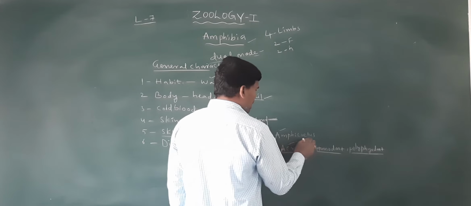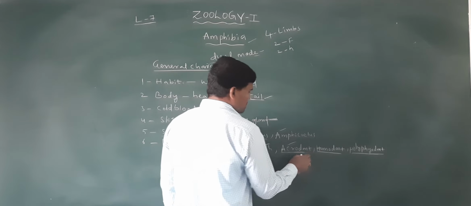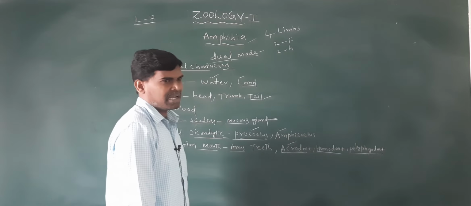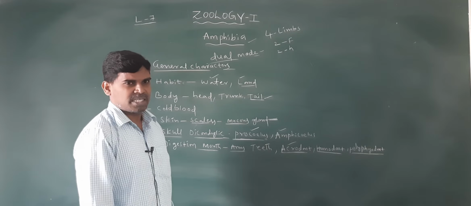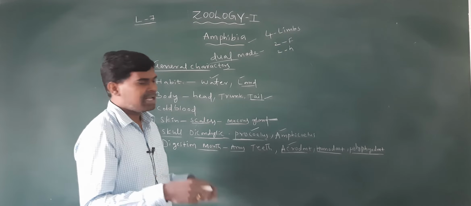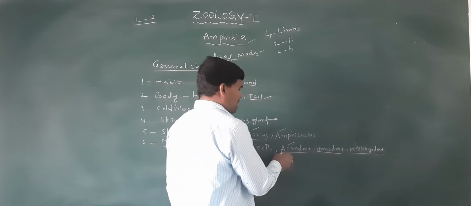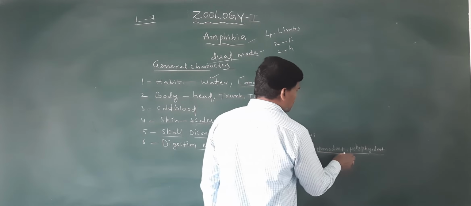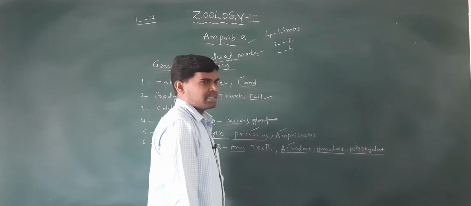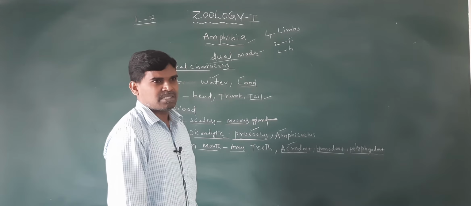So what is acrodont? Acrodont teeth means teeth attached on the jawbone. Homodont means all teeth are the same size and the same shape.